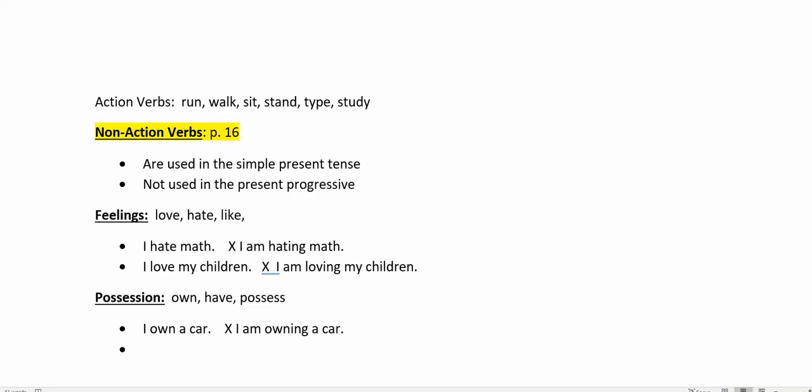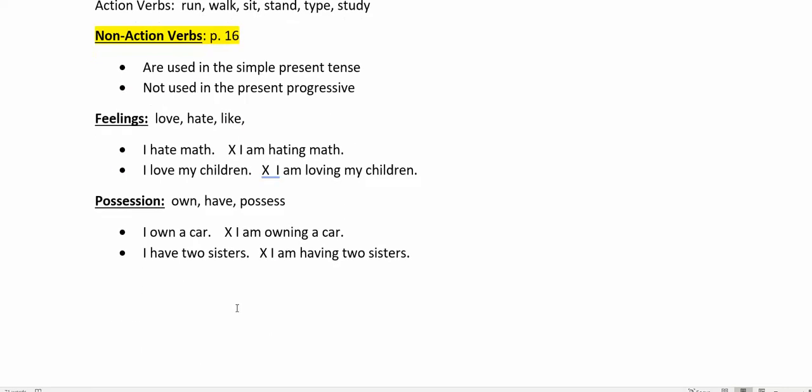I own a car. You're not doing anything. It's just like saying, the car belongs to me. I have 2 sisters. We would not say, I am having 2 sisters. Okay? Again, there are more verbs, I think, on page 16, so make sure you check it out.